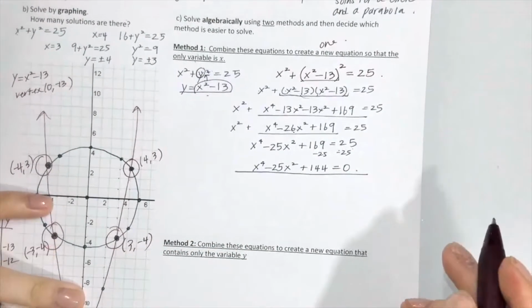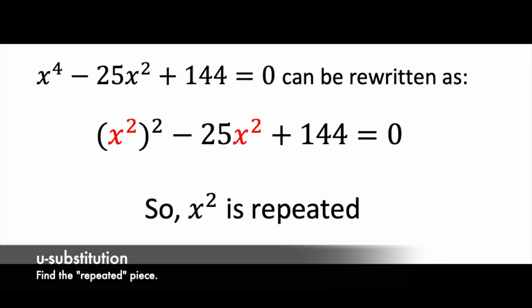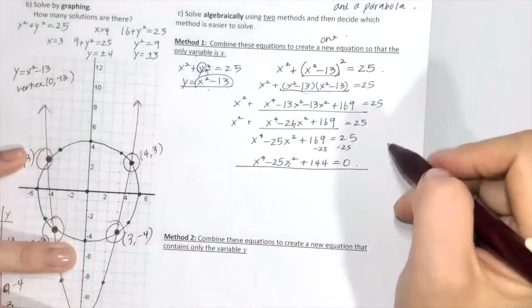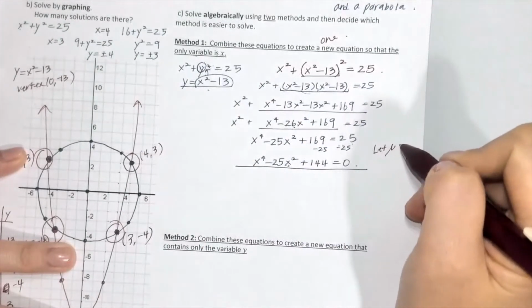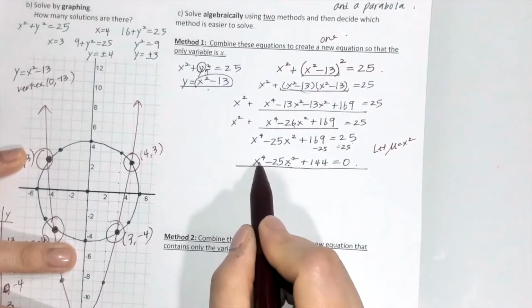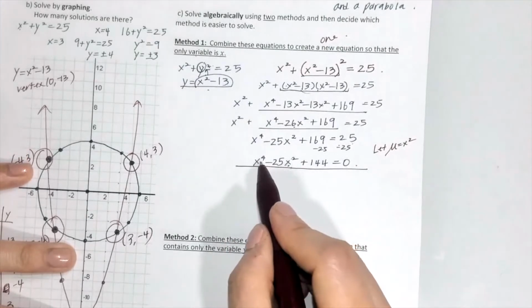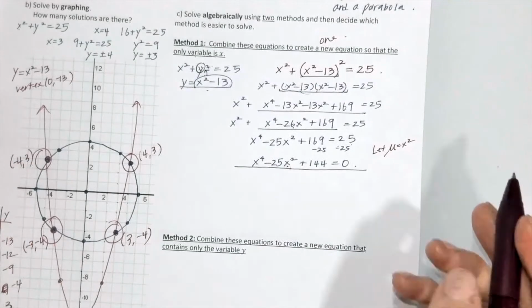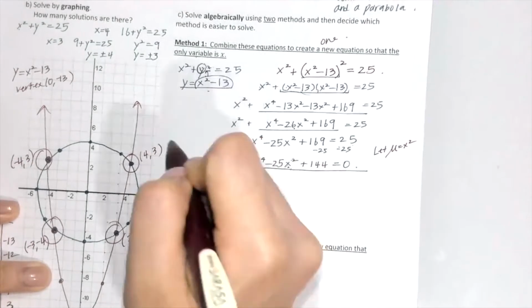The u substitution. So do you see how there's an x squared being repeated? Okay, if we let u be x squared, that's the repeated piece. This is basically u squared minus 25u. So it's going to look something like this.